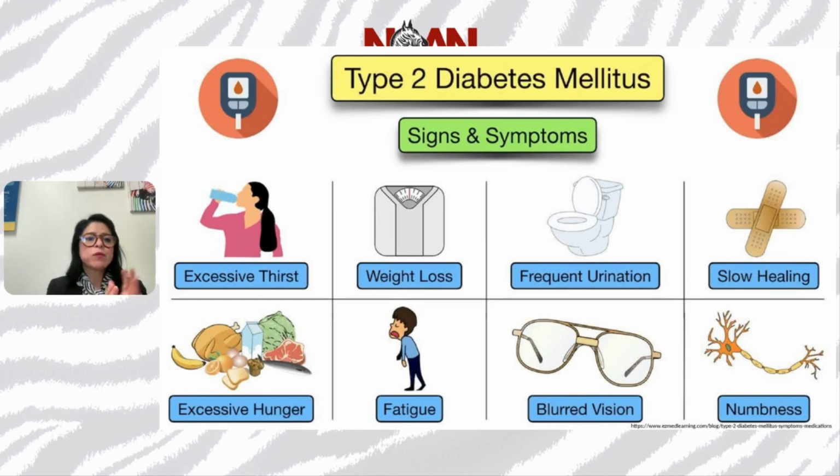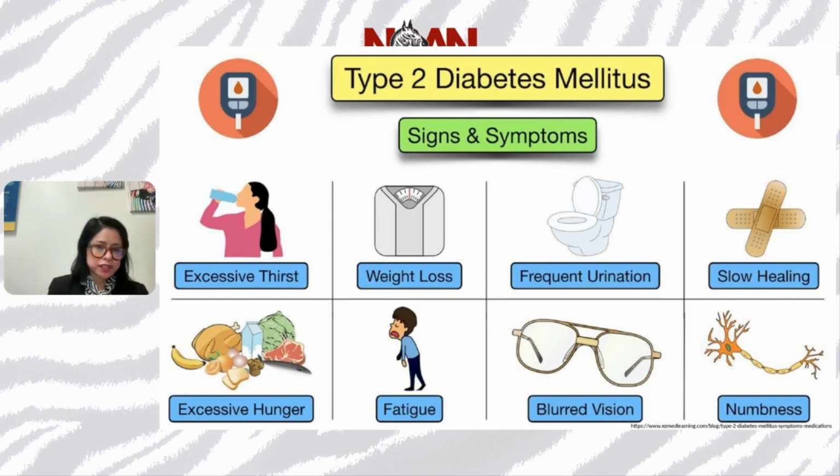There is type 1 diabetes, when there is no insulin and we need to give insulin. But in type 2, there is insulin, but it's not doing the job that it's supposed to be doing. And as I said, there are certain medications that can cause that. So these are the different signs and symptoms related to type 2 diabetes. If the blood glucose is persistently elevated, then it can develop into type 2 diabetes.